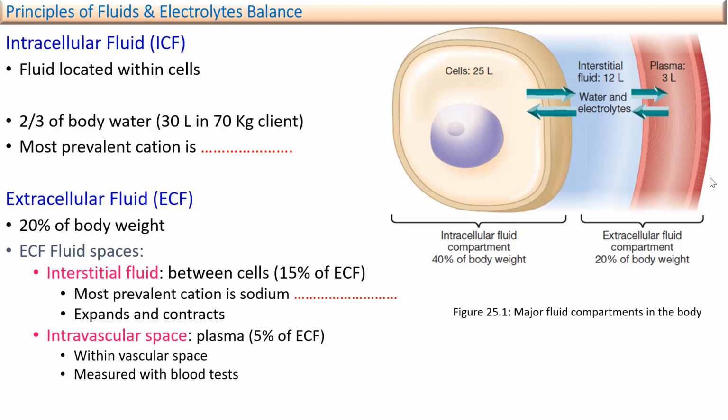And the most prevalent cation in the extracellular fluids in the interstitial space would be the sodium. So potassium inside the cells, sodium outside the cells.